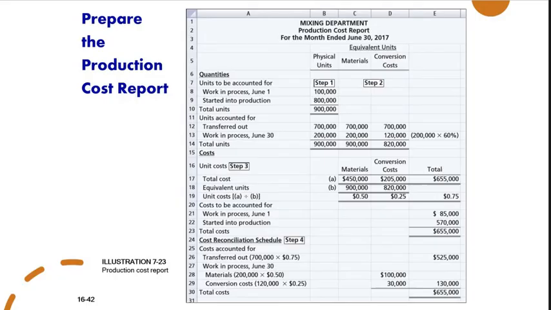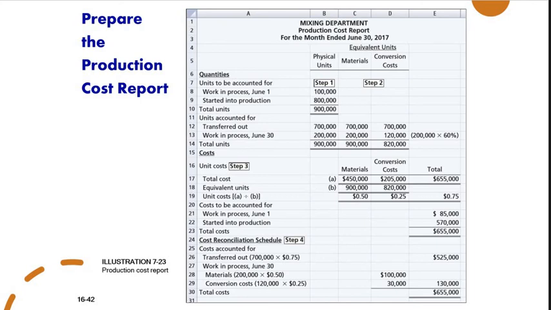Total cost. Okay, so after computing that, ito na yung dapat na gawin ninyo. So, please, picturean nyo siya para magkaroon kayo ng idea kung paano nyo gawin yung production report, because I attach some activities that entails mainly more on the production cost report. Okay? So, malinaw tayo guys.